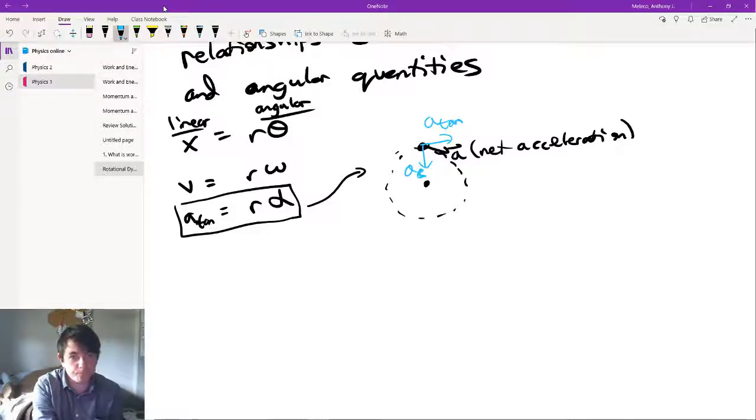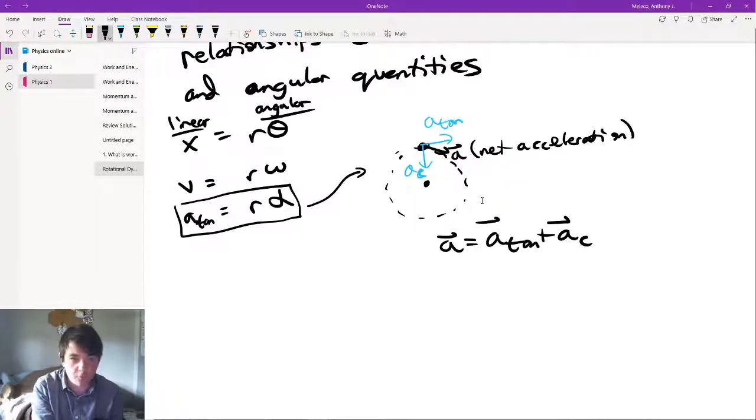So there's three accelerations, and this is just the equation for one of them. You can also do what you can do with other vectors, where A equals A tan plus AC.